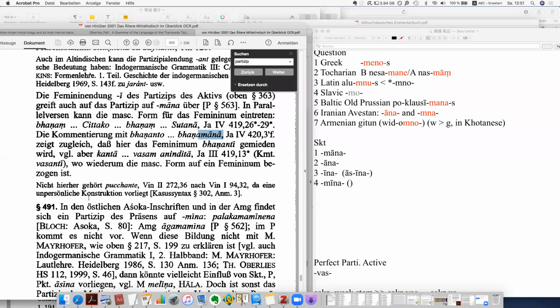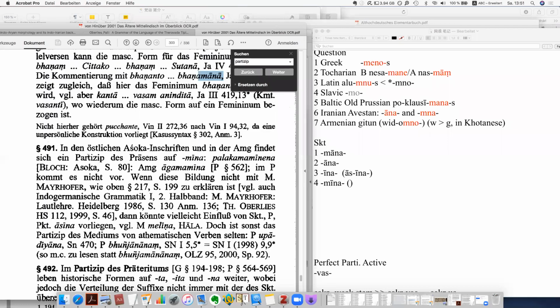But take a look. In den östlichen Ashoka-Inschriften und in der Ada Magadhi findet sich ein Partizip des Presence of mina, like para, ka, ma, minena. You find it in the Ashoka inscription.